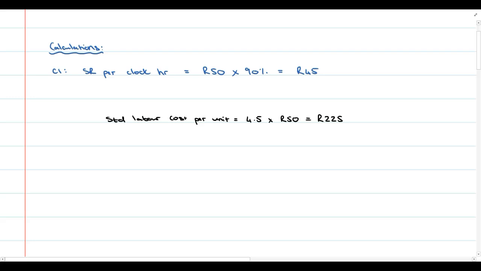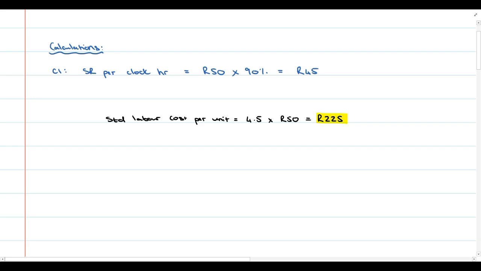Now guys, remember from our lecture, the logic is this: the standard cost per unit doesn't change. So you can either perform the calculation using work hours and the standard rate per work hour, or you can perform the calculation using clock hours and the standard rate per clock hour. But the cost per unit must stay constant at 225 Rand.